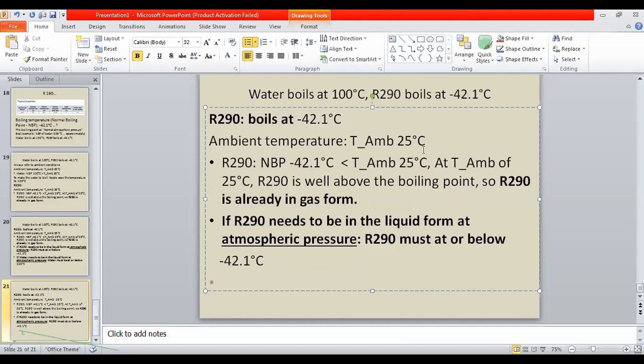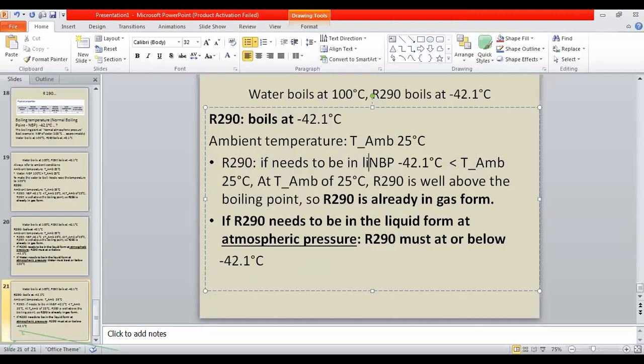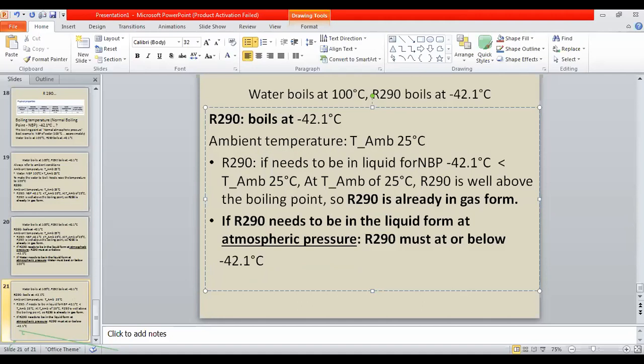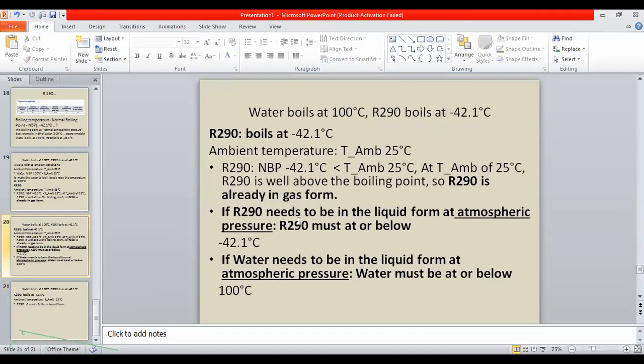So at ambient temperature, if R290 needs to be in liquid form at temperature 25, how?